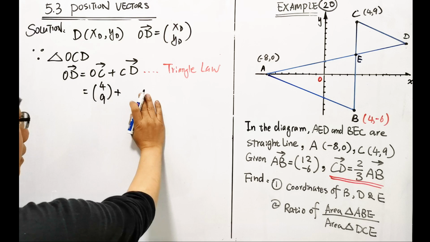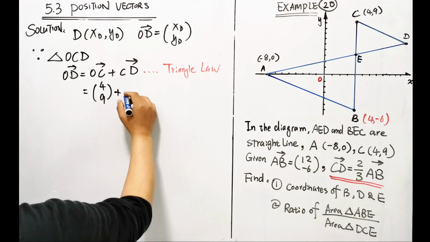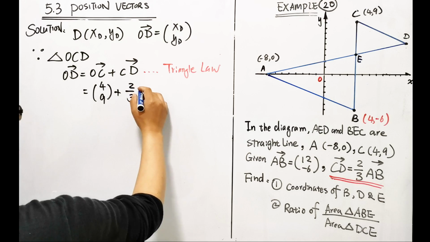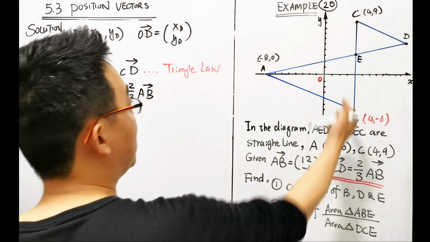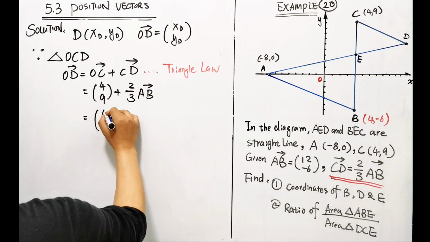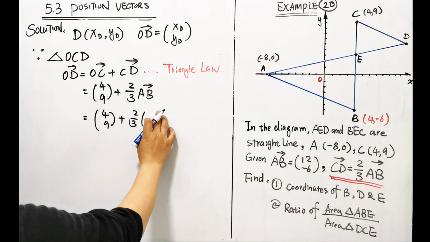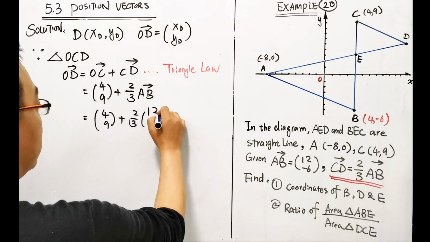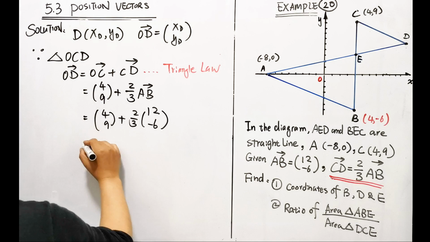CD is already given: CD equals to 3/2 of AB. This is very important information. So from here, we write 4, 9 plus 3/2 of AB. What is AB? AB is 12 and minus 6. We're just bringing this known information here.